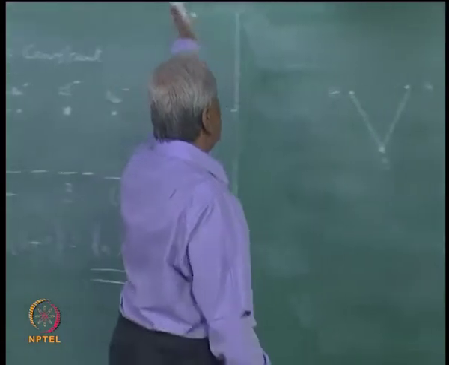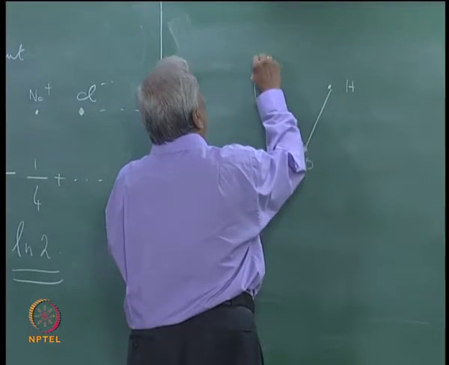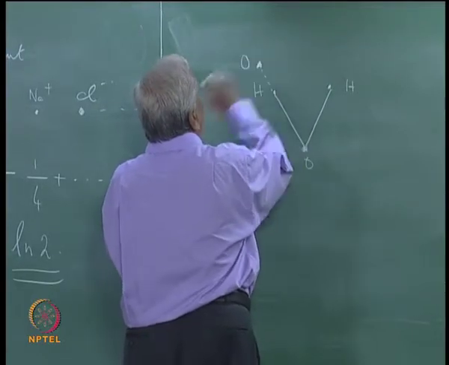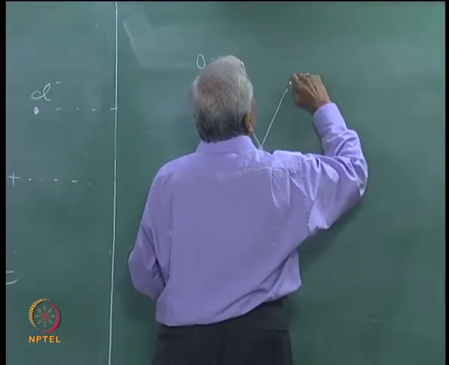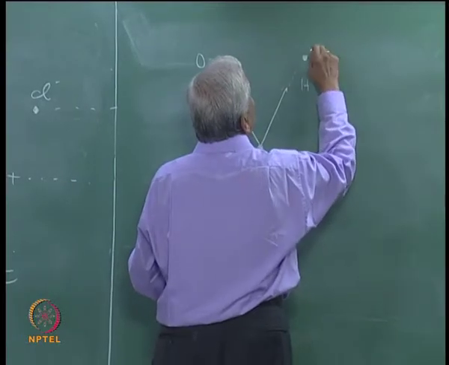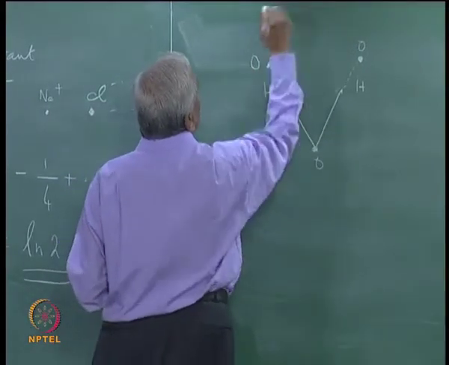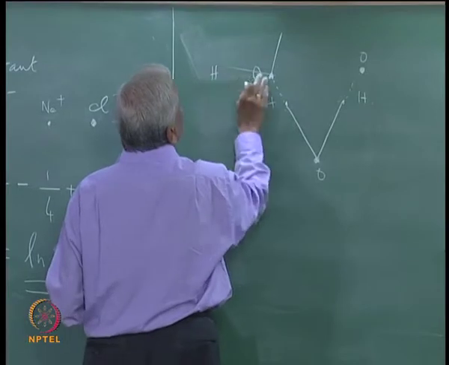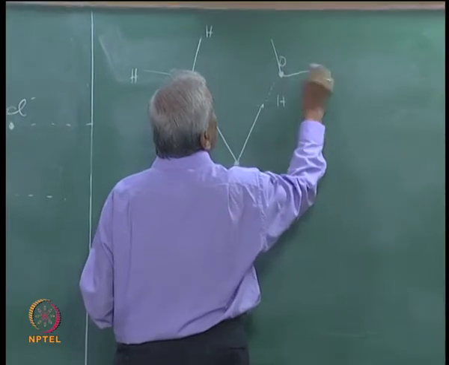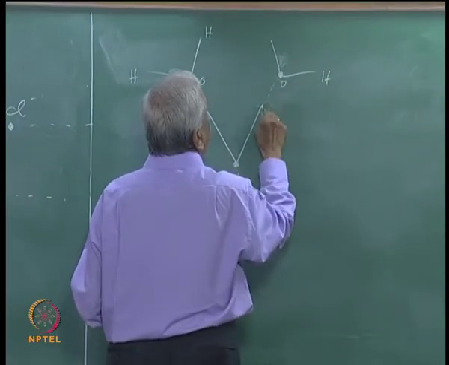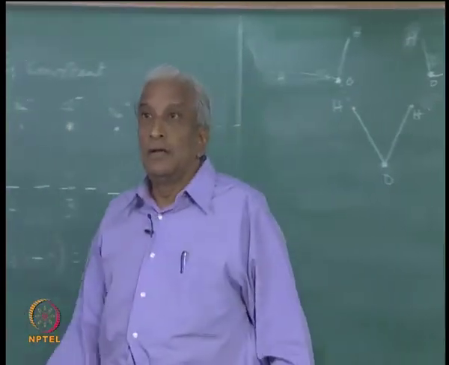In a hydrogen bonded network of ice, this hydrogen atom links to another water molecule here, and so on. It has all the tetrahedral angles, and the structure is extended in 3 dimensions.